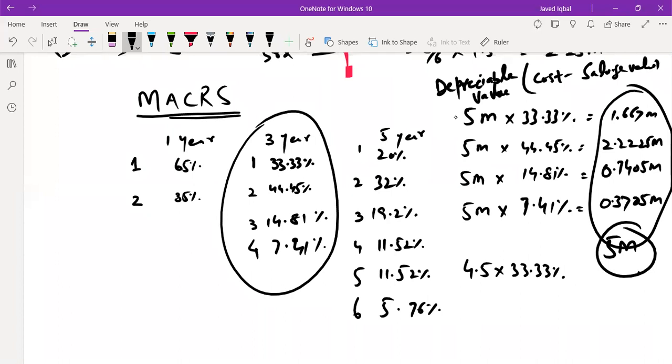So in the straight line method, your cost minus salvage value is basically depreciable value. So you need to multiply these rates with your depreciable value. So when you have a salvage of 0.5 million here, you'll be multiplying all these and getting new answers, obviously. But then all the answers should add up to the depreciable amount. This needs to be kept in mind.